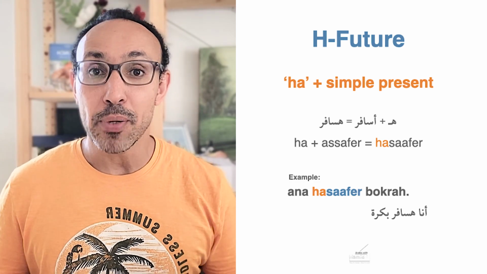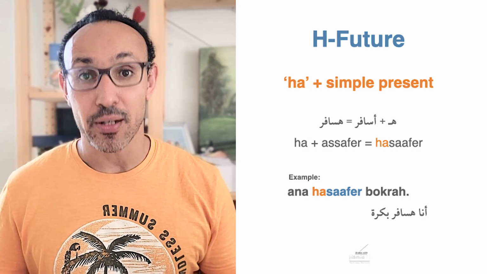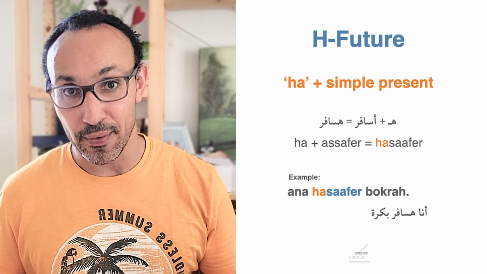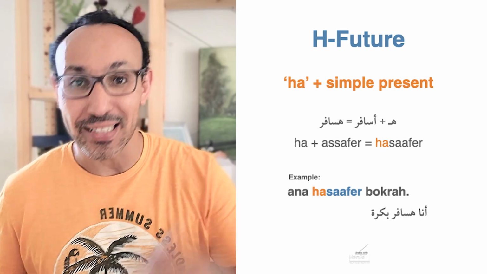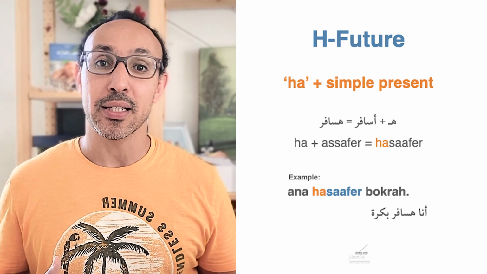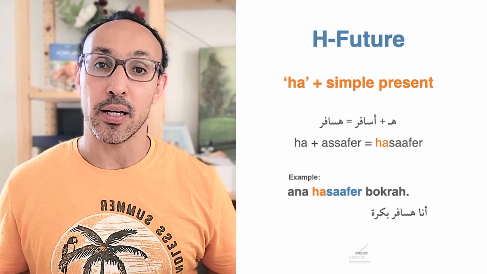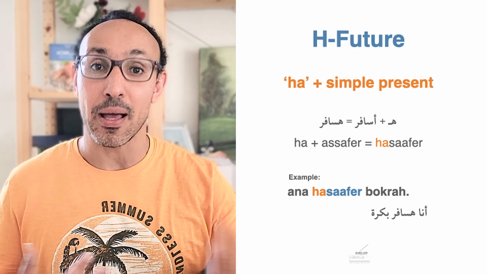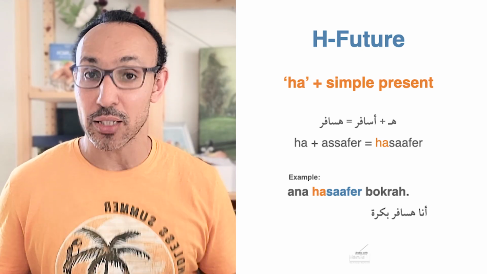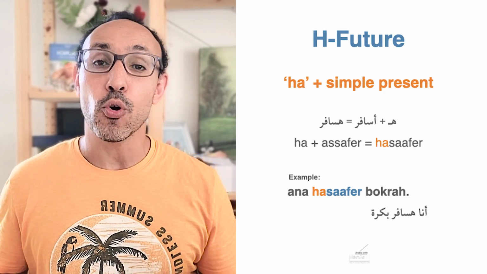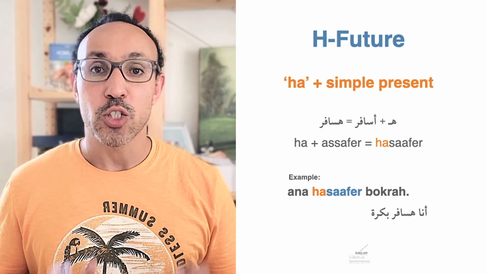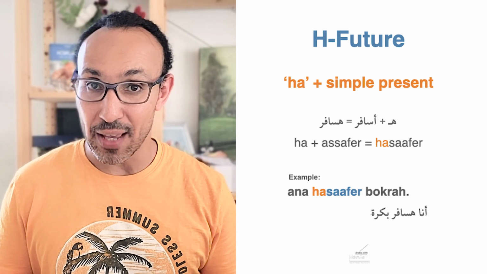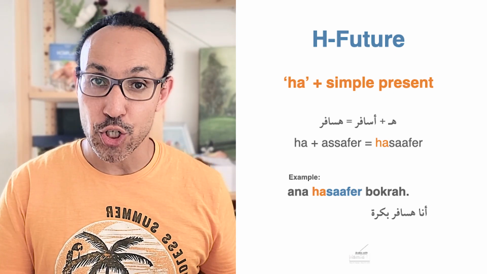There's also a be imperfect tense بسافر, which we use to indicate the ongoing action or the present continuous, but here we are focusing on the simple present أسافر. Adding ha to أسافر will give the H future.